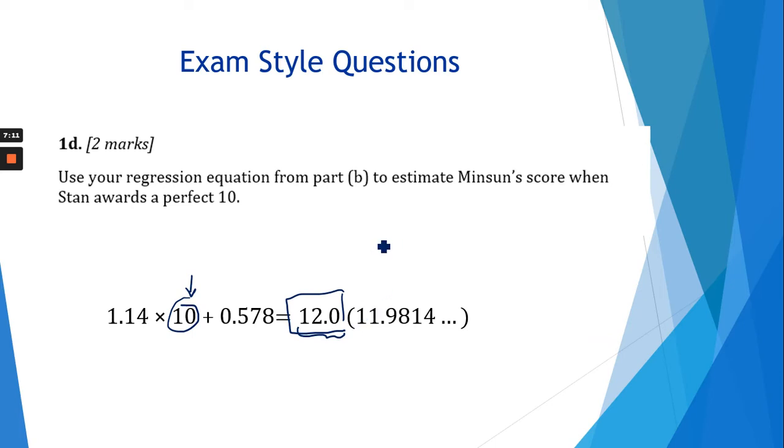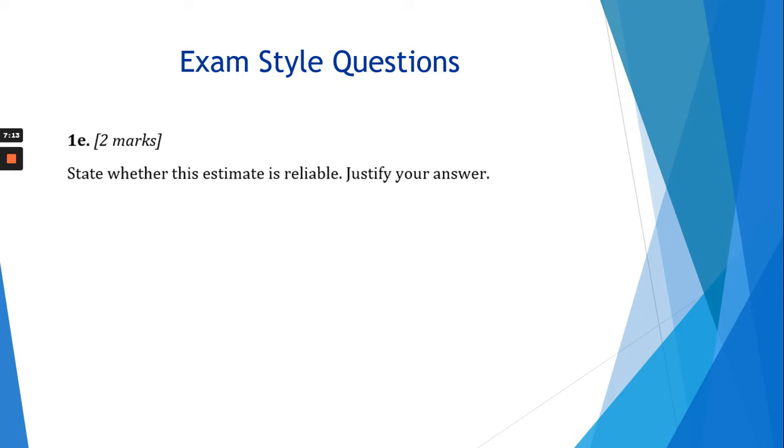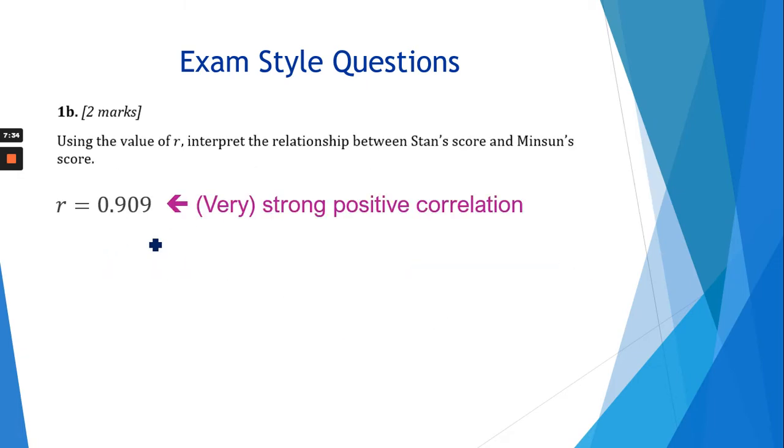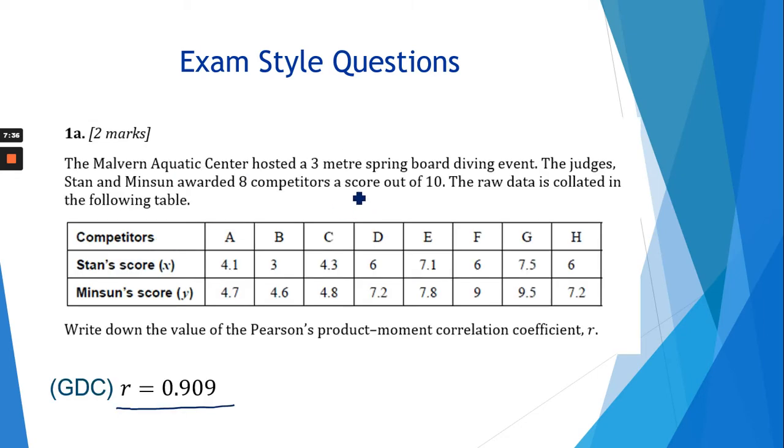Okay, let's go to the next question. State whether this estimate is reliable. Justify your answer. So, what reason can we think of that this estimation could not be reliable? If we remember that the maximum grade that can be given is 10, and if we go back to the table, we will see that the value awarded to 8 competitors is a score out of 10.